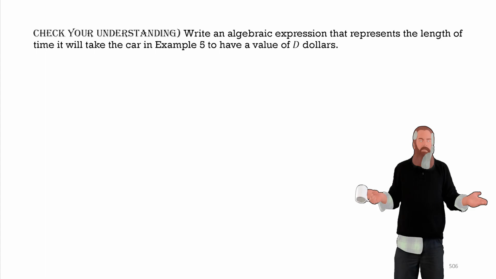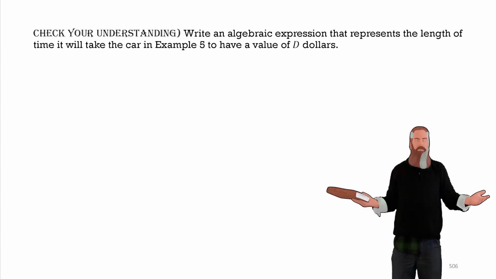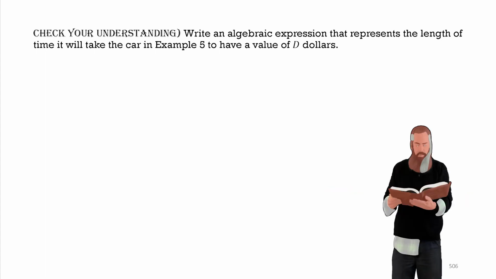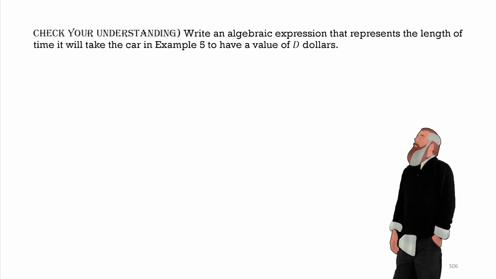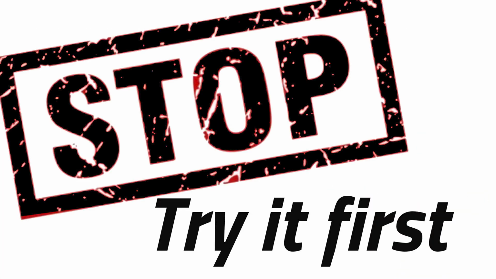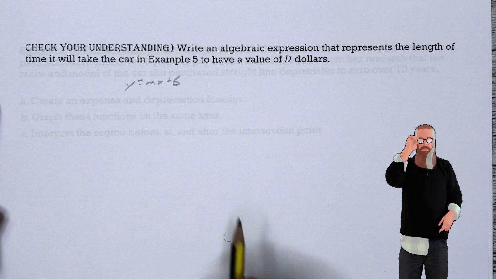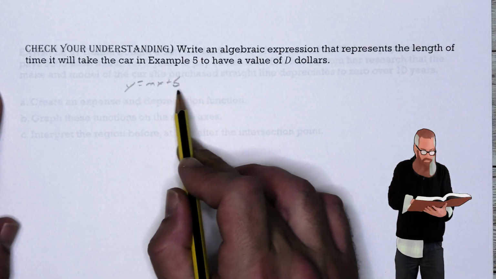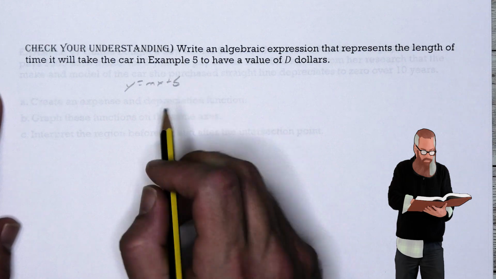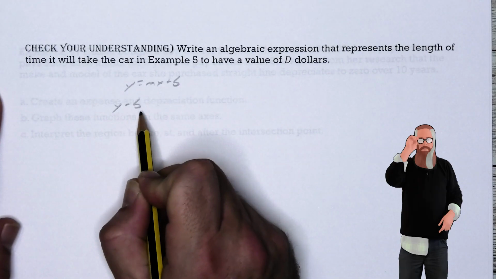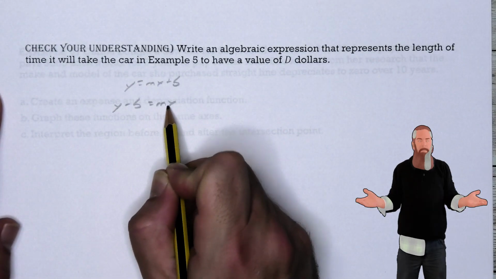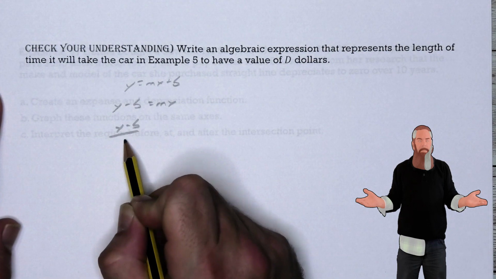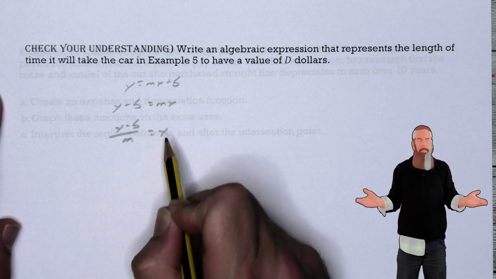Now let's check our understanding of this and write an algebraic expression that represents the length of time it'll take a car from the last example to have a value of d dollars. We're going to start with this idea of y is mx plus b, and we're going to solve it for x, meaning we're going to say y minus b is equal to mx, or y minus b divided by m is equal to x.